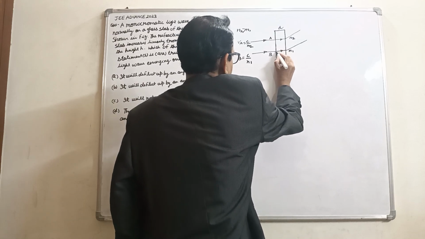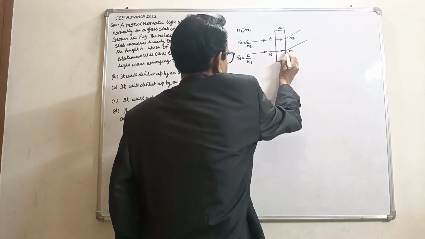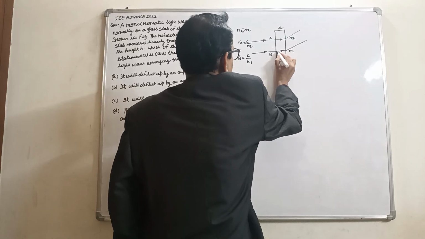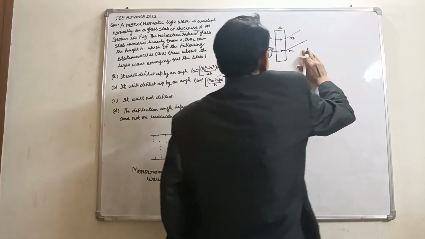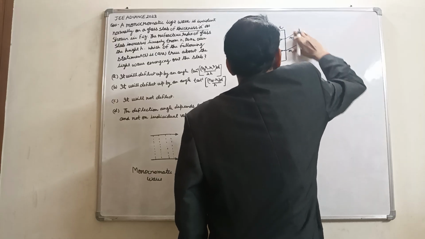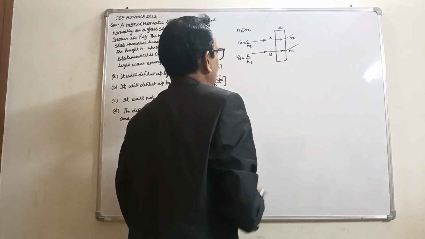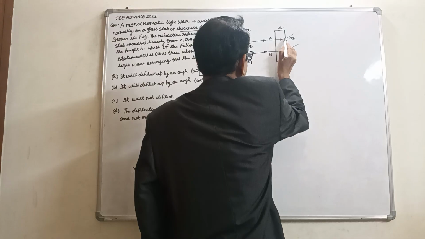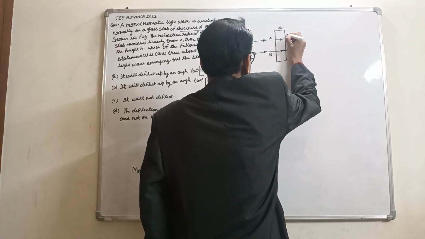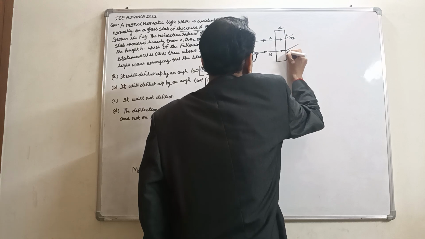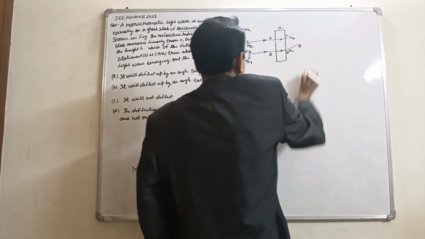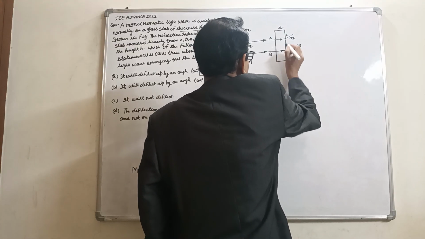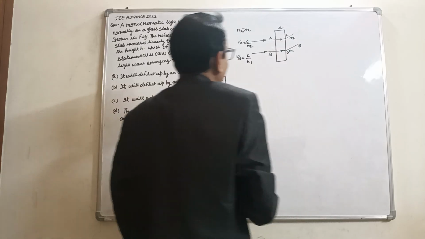So the wavefront from here to here takes the least time in comparison to here to here. Suppose this is C, this is D and this is E. So what would be the path?